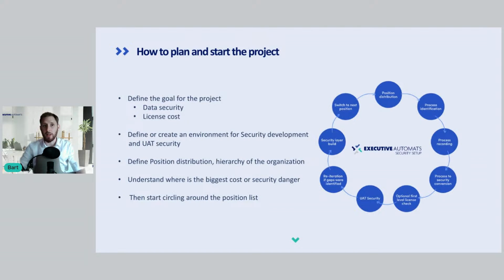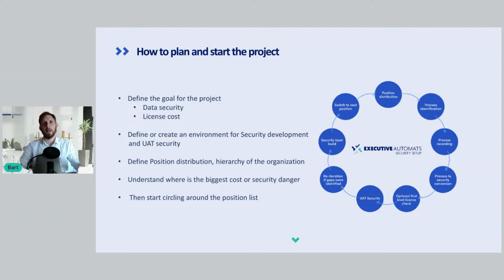Then we do UAT testing, which means that we are performing a check with the users on whether these processes, these roles are effective, and they are telling yes or no. So then we reiterate if we find gaps. If the gaps are found, you are able to reiterate with the users to simply add more duties, more privileges to address that.